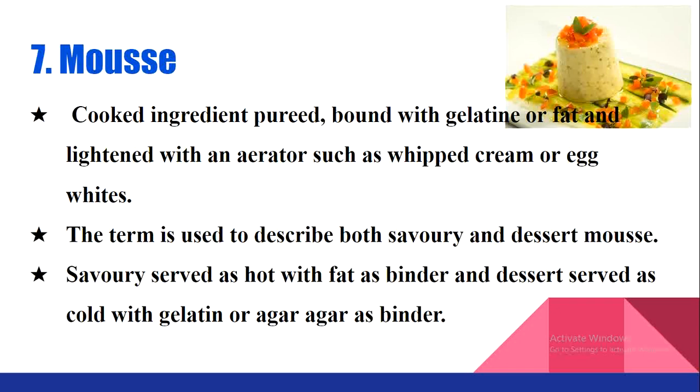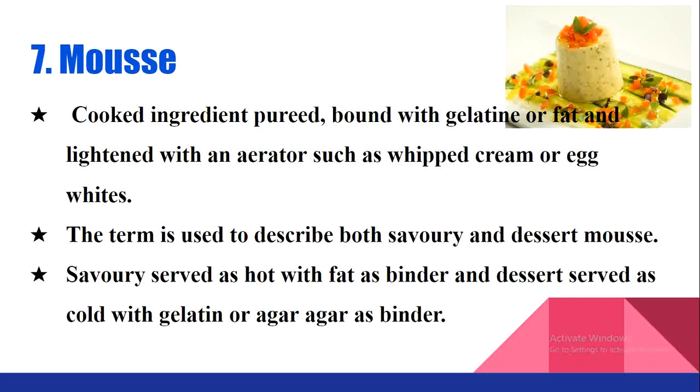First is the main ingredient, or the puree, and we are adding gelatin or fat as a binding agent to that one, and we are adding an aerator. Either it may be whipped cream or egg white. So the aerator is basically used to make it fluffy and incorporate some more air into that one, so that it will puff up and the end product will be softer.